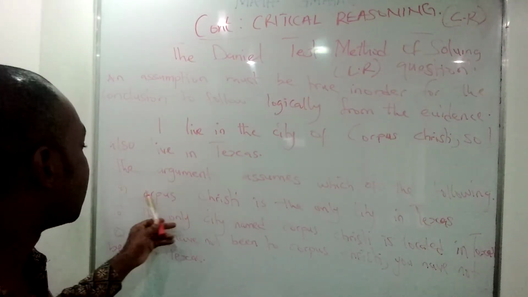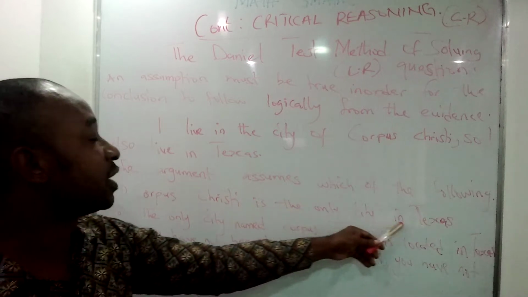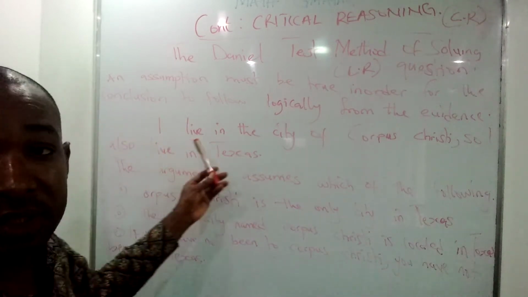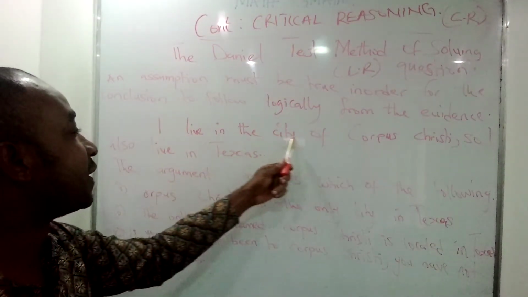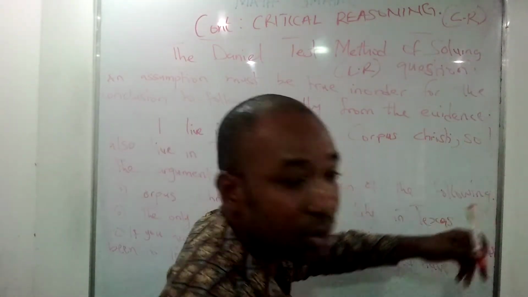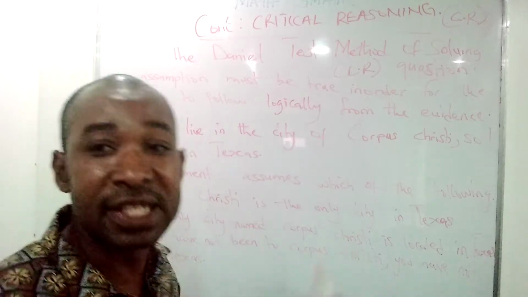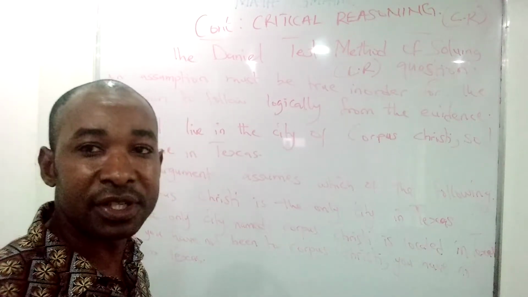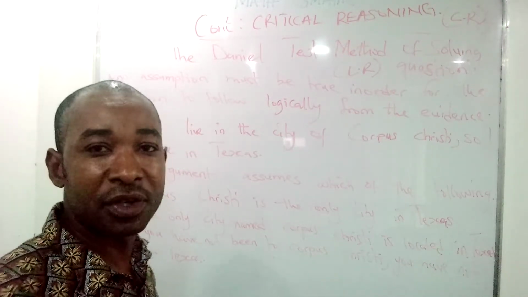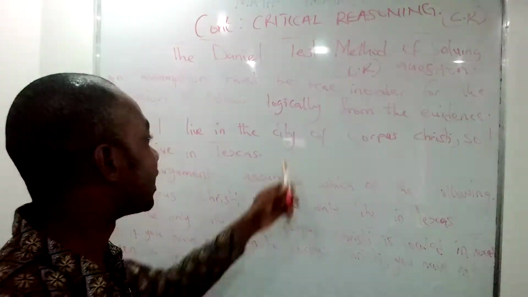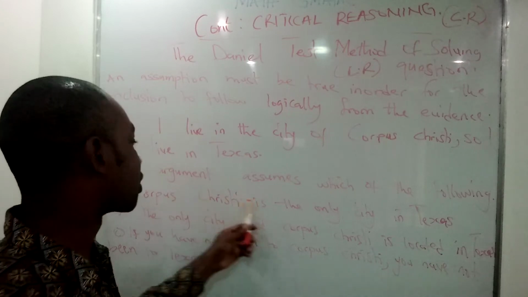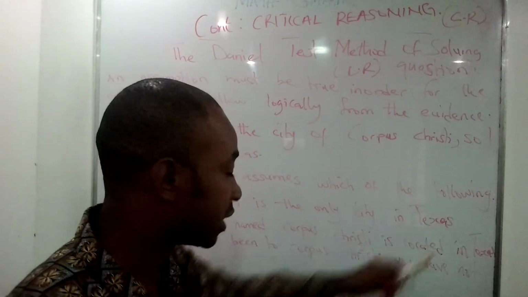Option A says Corpus Christi is the only city in Texas. No, it does not follow the evidence. The evidence said I live in the city of Corpus Christi, so I cannot be the only one in a city. A city is a large place, a place with different geographical locations and different areas. So this negates that Corpus Christi is the only city in Texas.